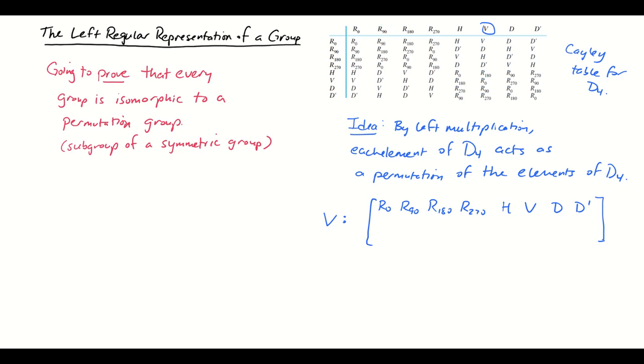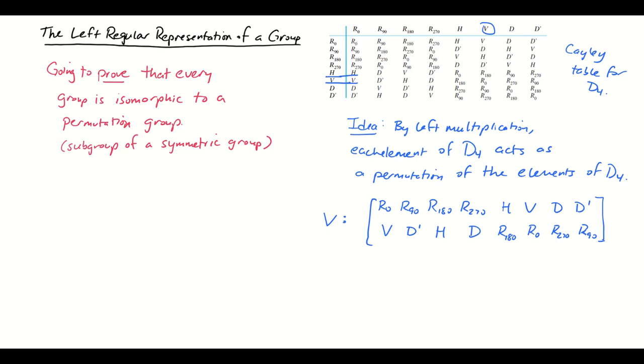Okay, so if I multiply everything on the left by V, so I'm looking at this row here, then V times R0 is V, V times R90 is D prime, V times R180 is H, V times R270 is D, V times H is R180, V times V, of course, is the identity, R0, V times D is R270, and I guess that leaves R90 for the remaining entry, V times D prime.